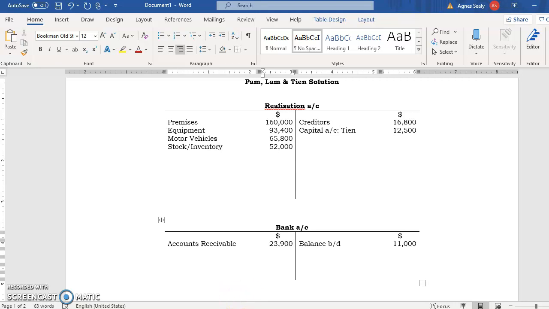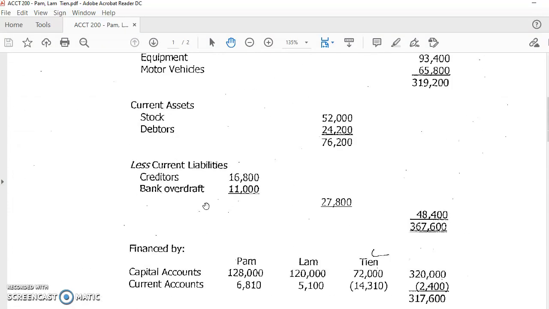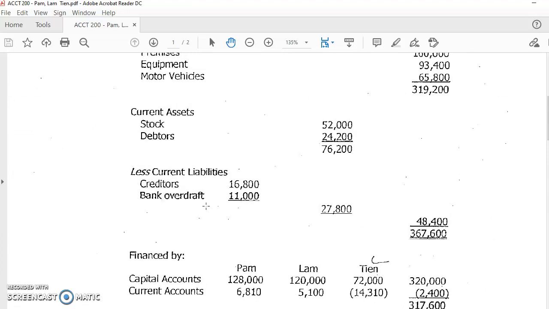But if we look at the question, if we go back to the balance sheet of the partnership, the total debtors, which means the total money outstanding, was $24,200. But now we only received $23,900.